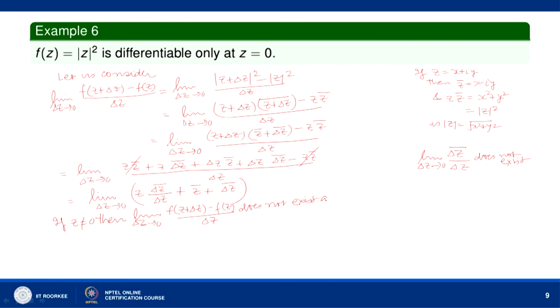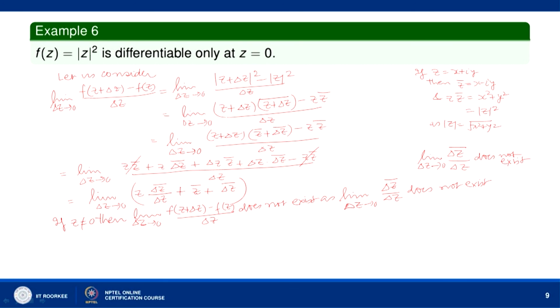as the limit of delta z conjugate over delta z as delta z goes to 0 does not exist. Okay. See, when delta z goes to 0, if z is not equal to 0, this term does not have the limit.